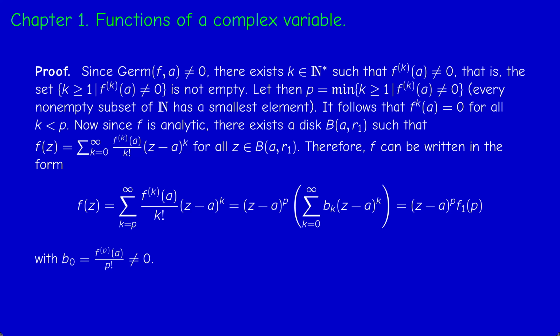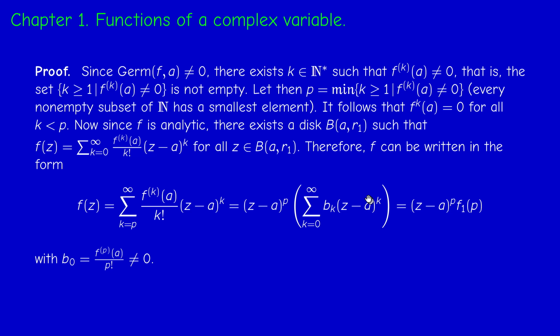And therefore the series starts with something times Z minus A to the P, plus something times Z minus A to the power P plus 1, and so on. So I have a common factor. I can factor by Z minus A to the P, exactly as you would do with polynomials, except that here we have an infinite series.